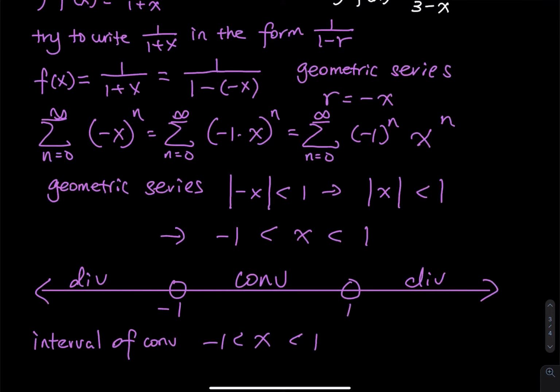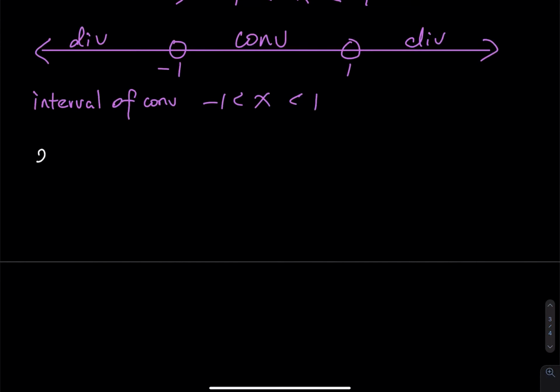The next problem we have, number 2, we have f of x equals 2 divided by 3 minus x. First of all, this is a technique that you have to learn in this type of problem. So how do you factor completely? First, I am trying to compare this to 1 divided by 1 minus x, right?